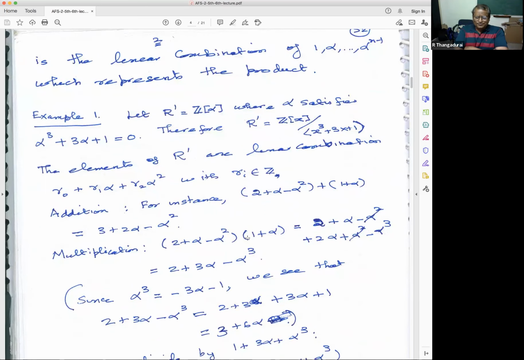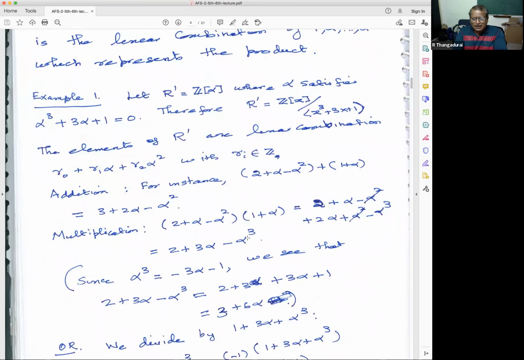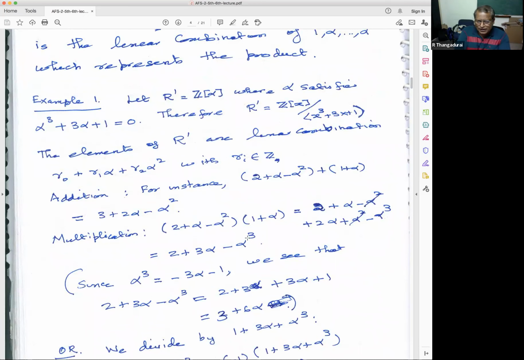So alpha is an element satisfying the monic polynomial relation alpha cube plus 3 alpha plus 1 equals 0, where the coefficients are integers. We are going to look at the extension ring Z of alpha, that is R prime. How would we get it?